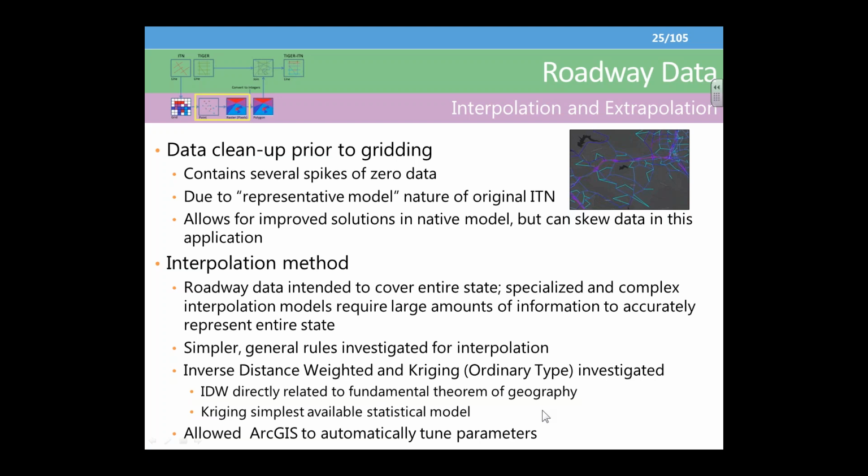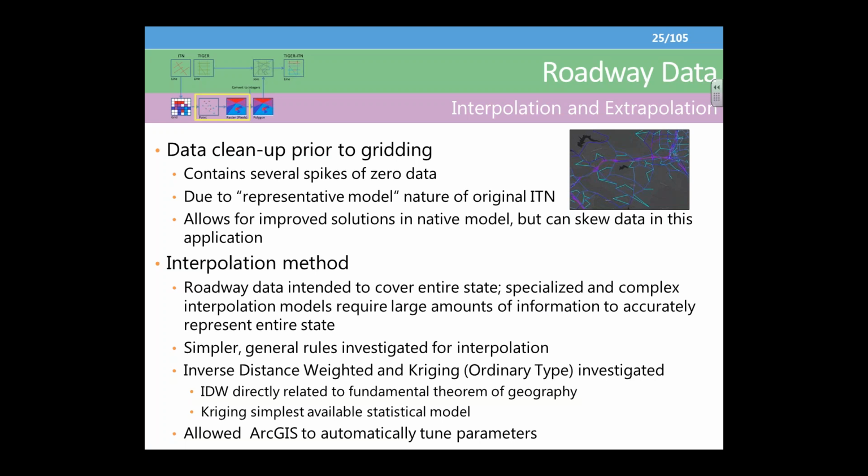This is not showing up as well in the room as I'd hoped, but in this figure there are these short, very bright blue lines, and those essentially have zero speed on them, but that's because they're not real lines even in the model. They're simply there to make the solution easier. So we remove those lines from our data because that could artificially skew the results.